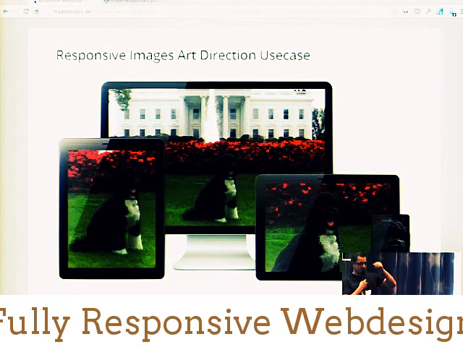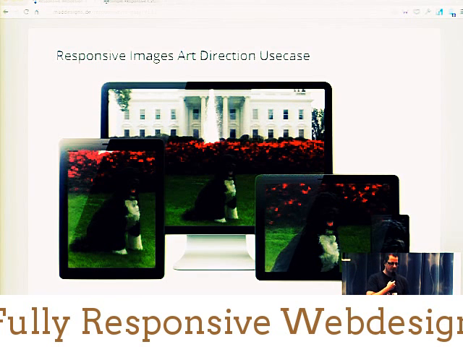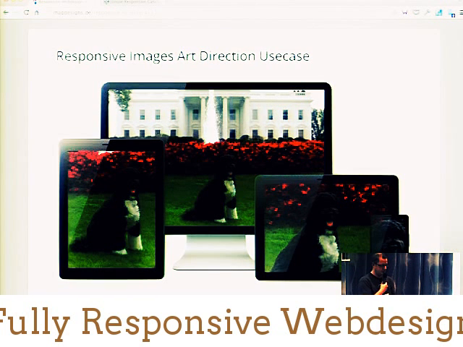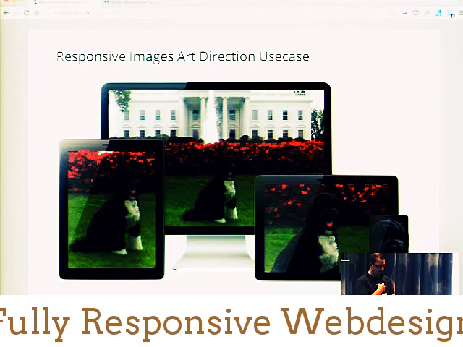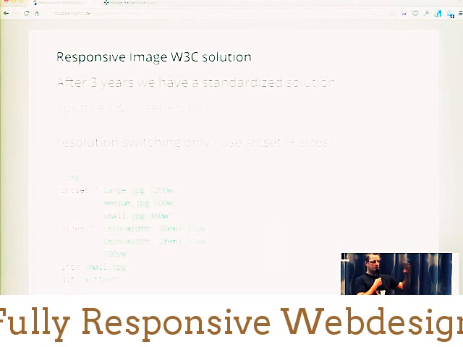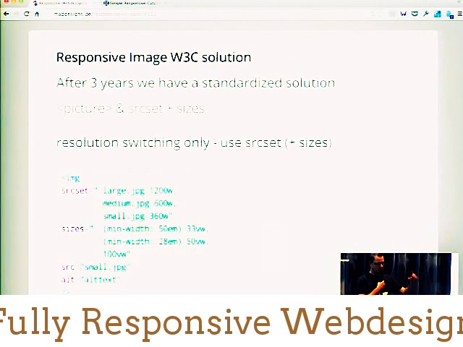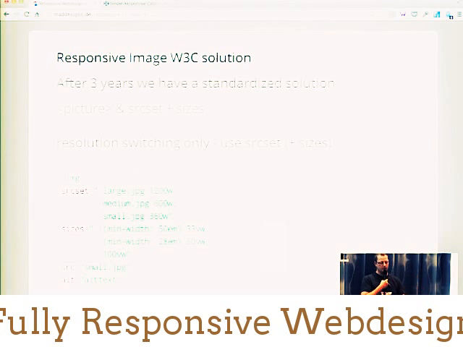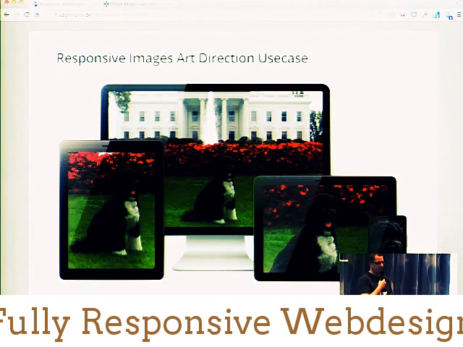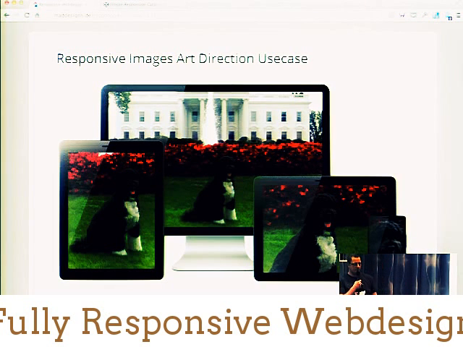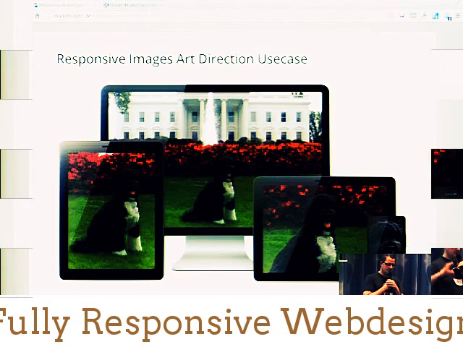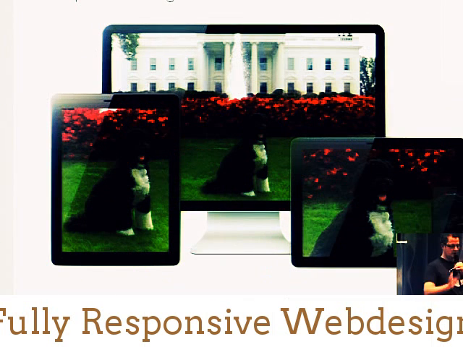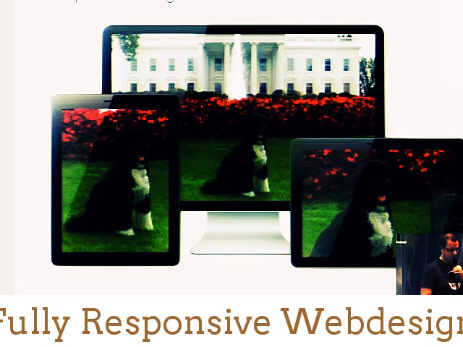But there is another use case, that's the image art direction use case. Here this is only if you want to provide smaller versions of the same image, and then another approach is the art direction use case. If the image is too small and you want to show another image, not the same image, then we can use the picture element.